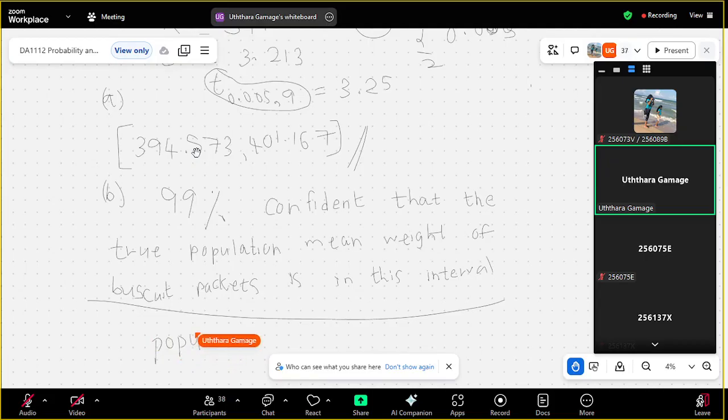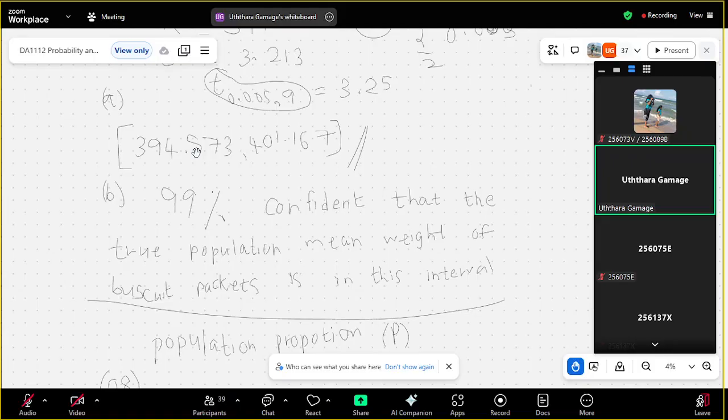Population proportion. Question number 8 is about building a confidence interval for population proportion, right? I think you discussed it this Monday, right?